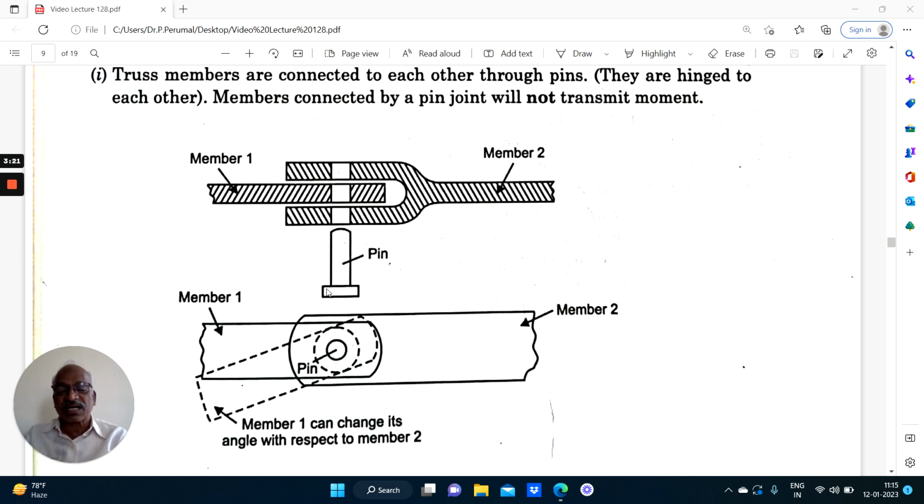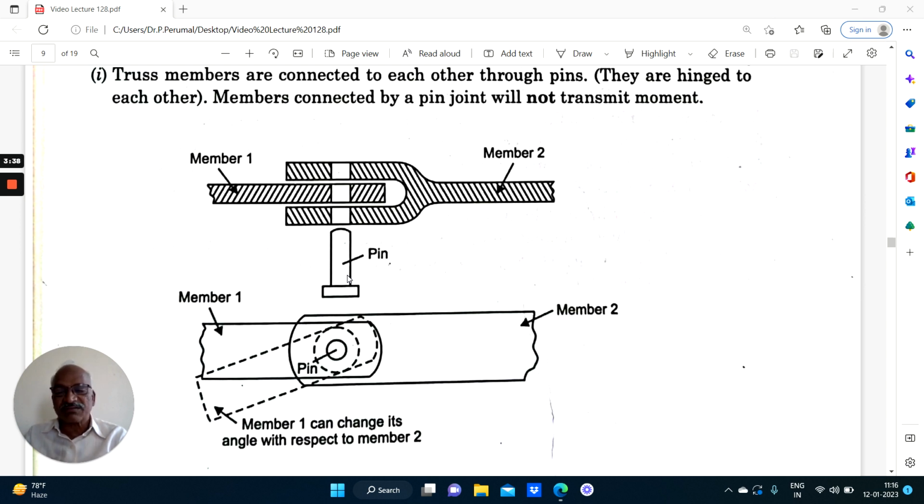Shear force is not considered because the forces in the trusses are transmitted only through the joints. Therefore, we consider only axial force, namely tension or compression.